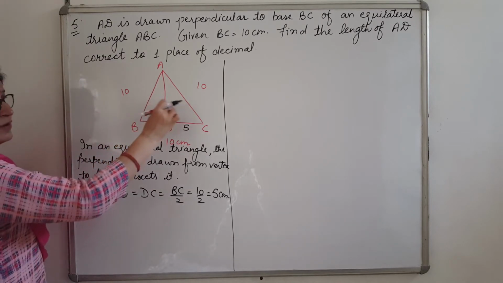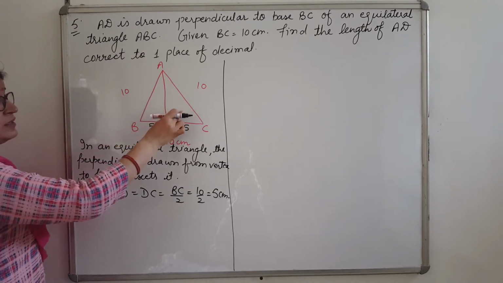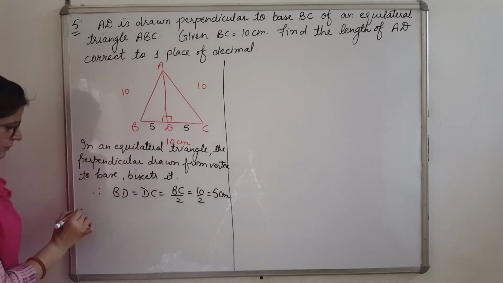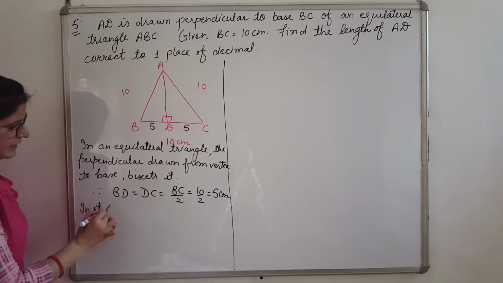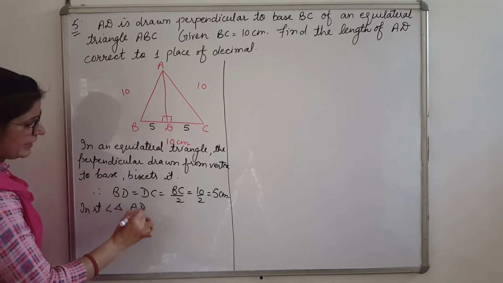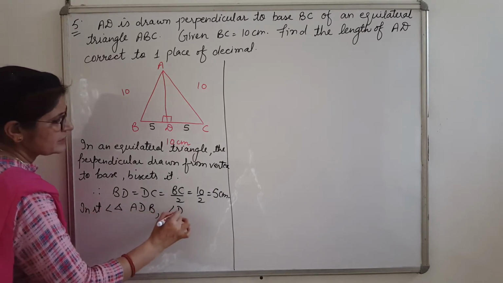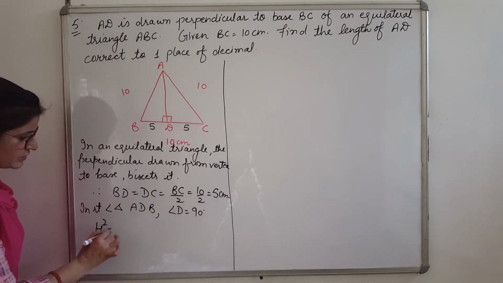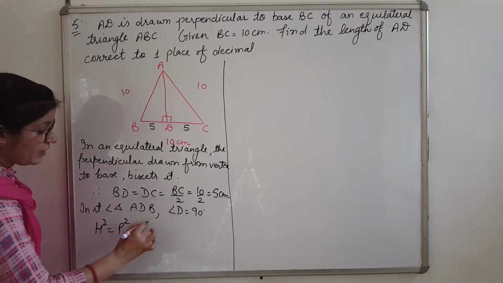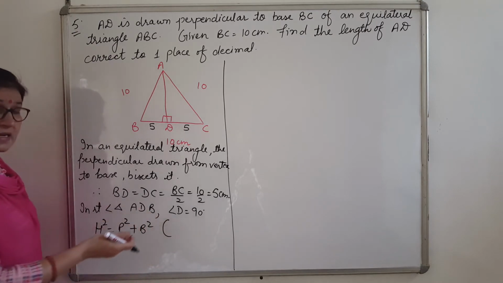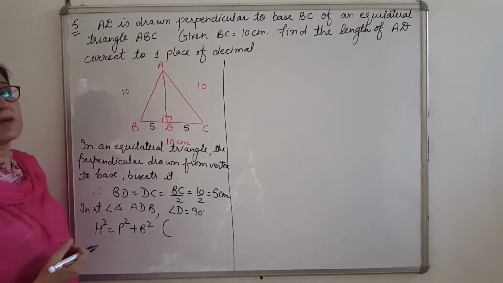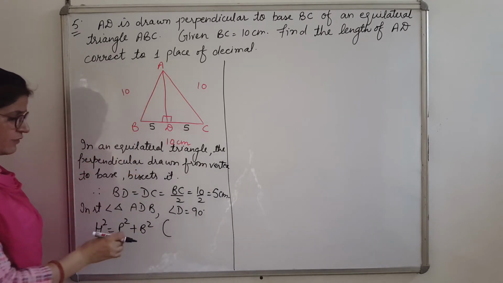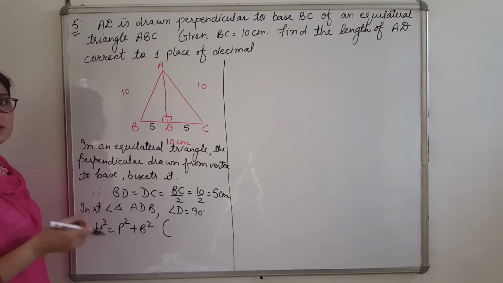Now we have here two right angle triangles. You can take any one and calculate AD. So in right angle triangle ADB, and this D is 90 degrees. H square equals P square plus B square. Why? In a right angle triangle, according to the Pythagoras theorem, square of hypotenuse is always equal to sum of squares of the other two sides.